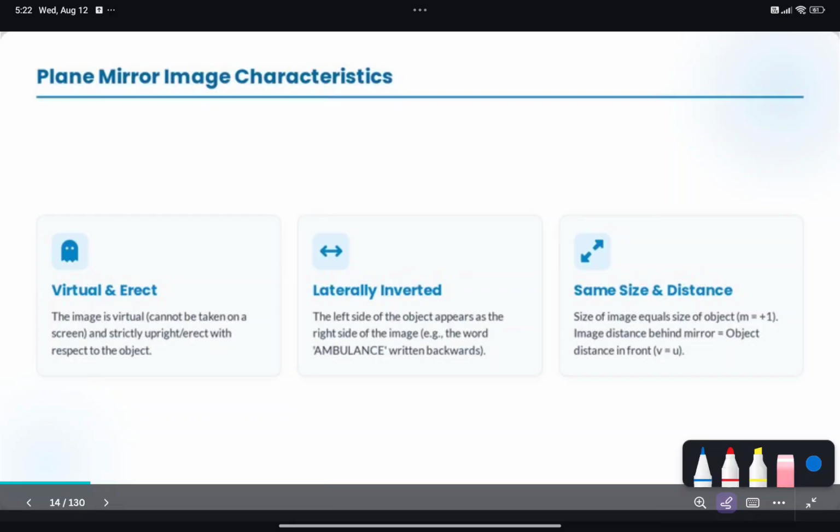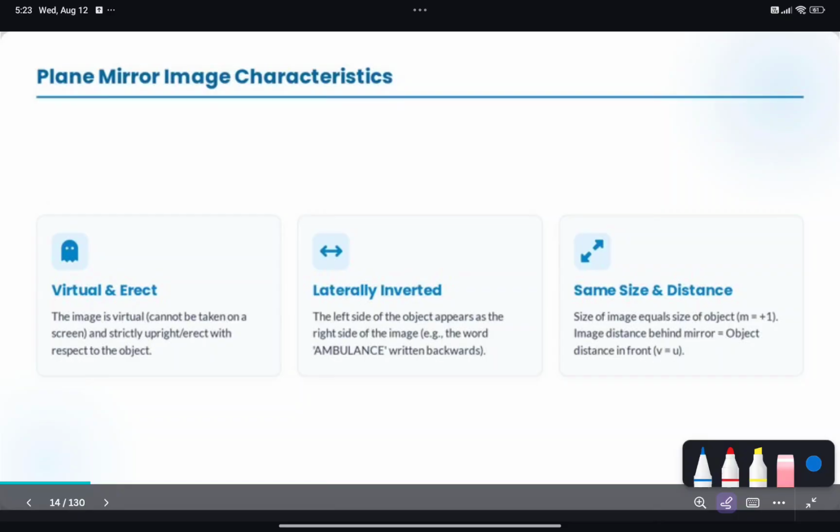Image distance behind the mirror is equal to object distance in front. Simply, the distance from object to mirror is considered as u, and the distance from mirror to image is treated as v. u is equal to v. Sure? Any doubt in that? Tell me.